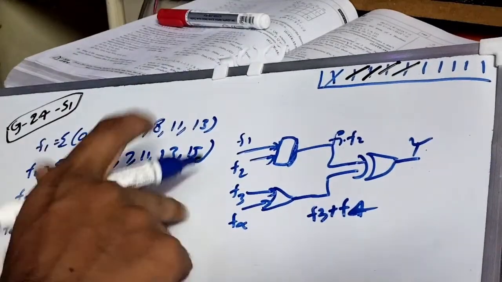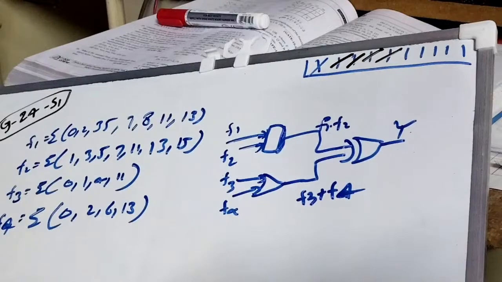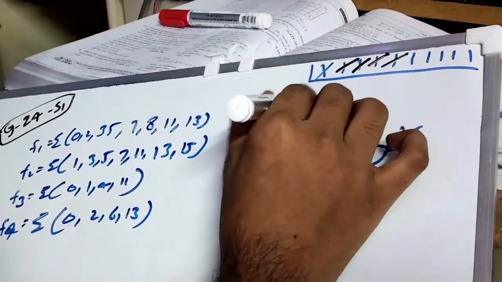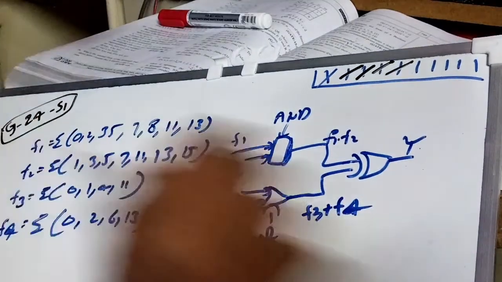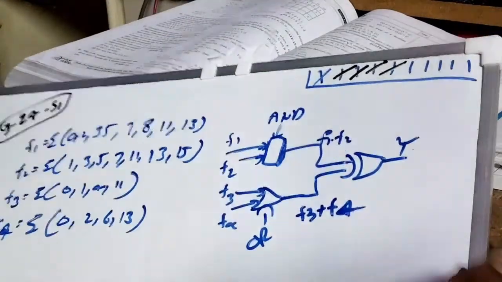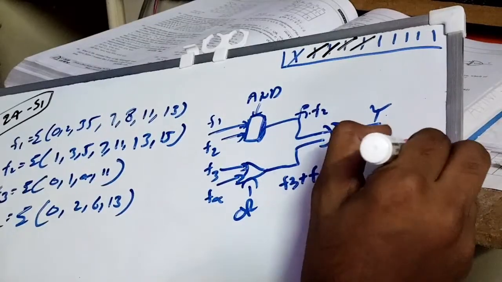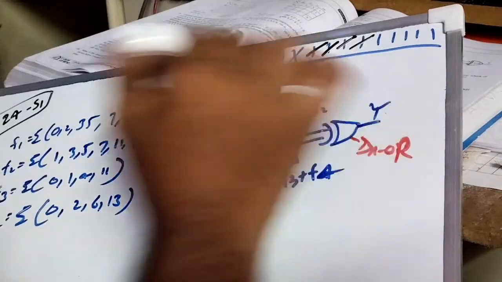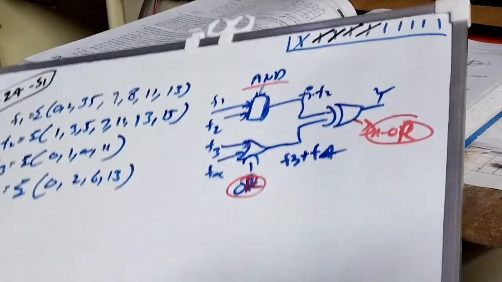If we simplify manually, it will take so much time. So, AND gate, OR gate, and then the XOR gate.